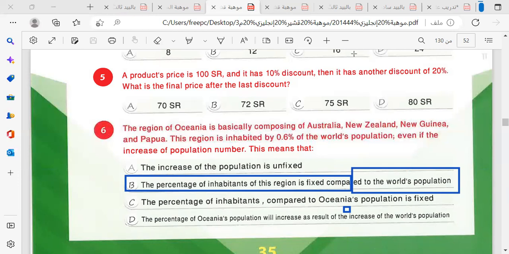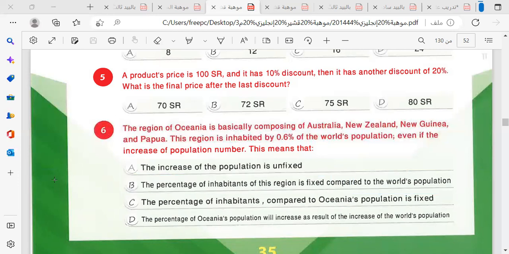Okay, now we will go to the question. D. Why is it B? Because here the region of Oceania, this information, means there is no calculation to find the answer. It's basically a combination of Australia, New Zealand, New Guinea, and Papua.